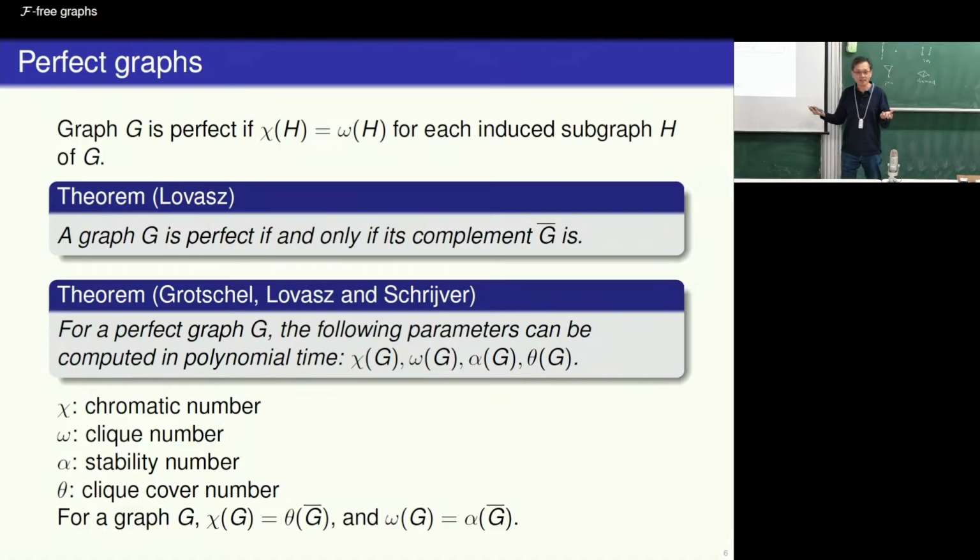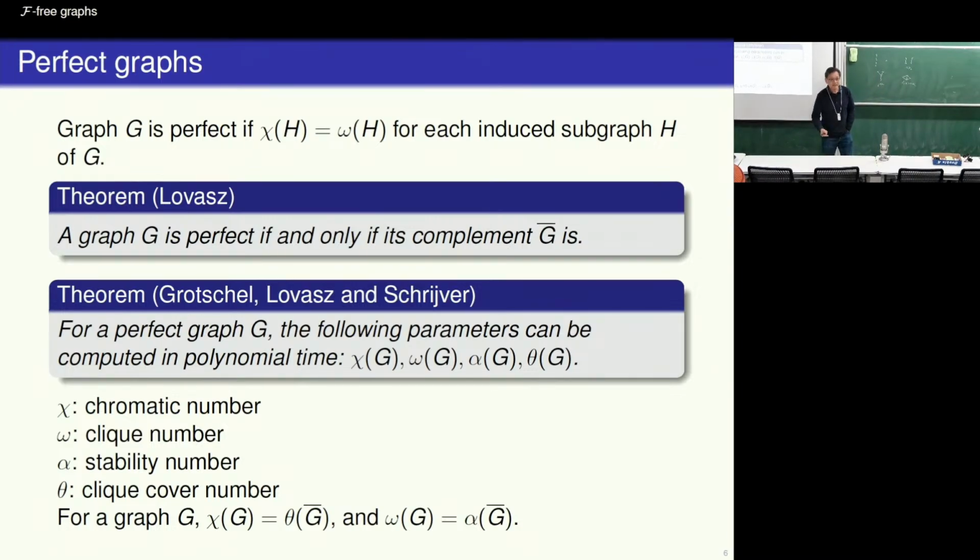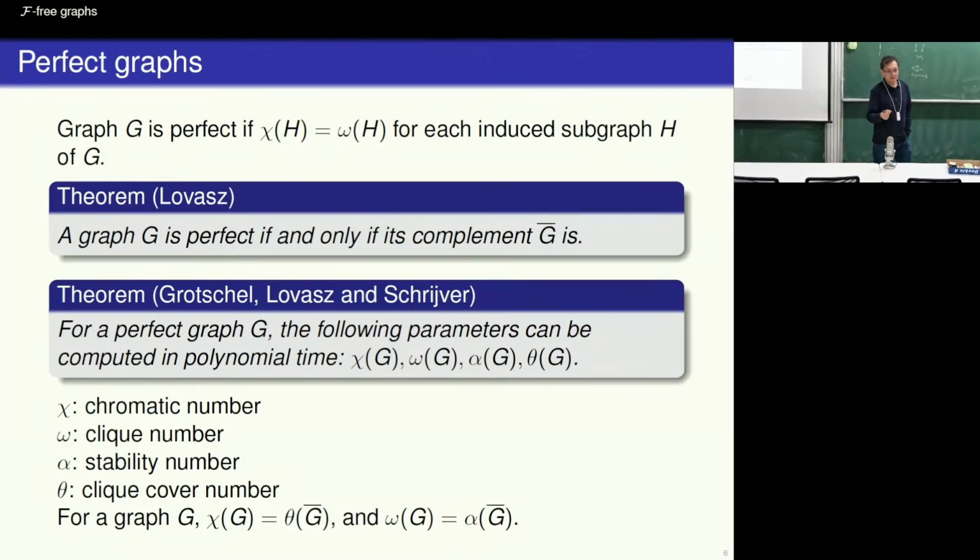You cannot avoid that. So perfect graphs are the graphs where this is best possible for every induced subgraph.